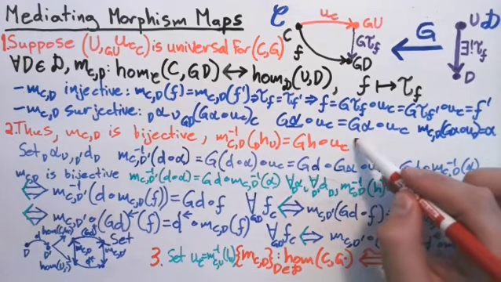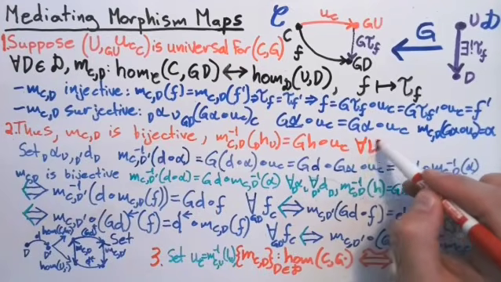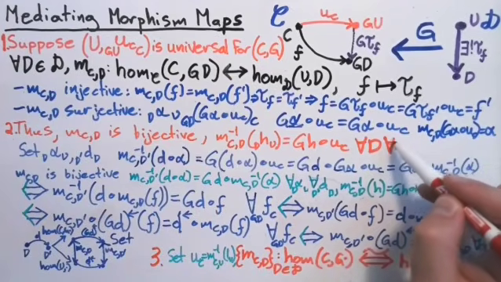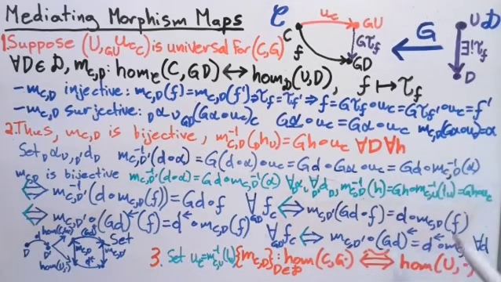And again, this is for all D, and for all H going from U into D, for all those D. And of course, it'll be bijective for each one because this is a natural isomorphism, right? So if there's a natural isomorphism in the category of sets, that means every component, every MCD, has to be a bijection. So we've seen that 3 implies 2.